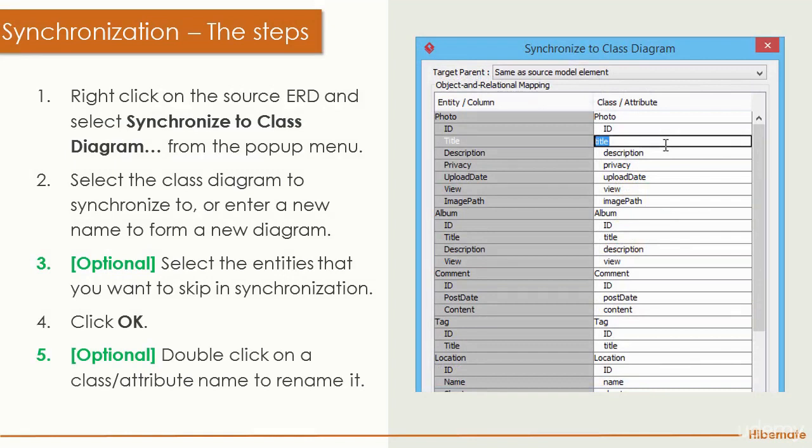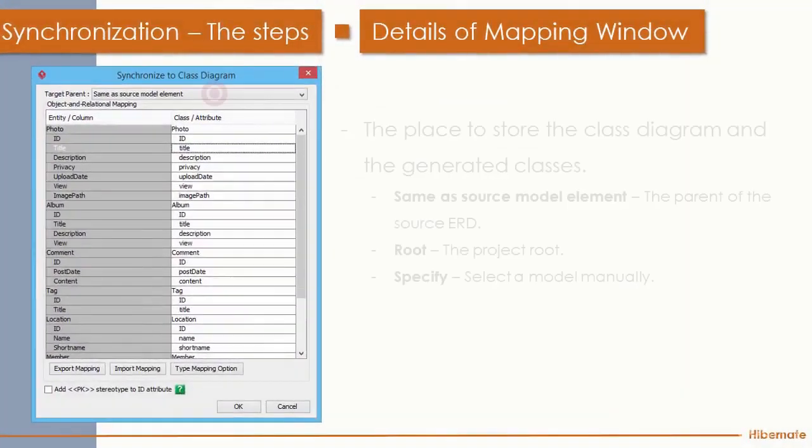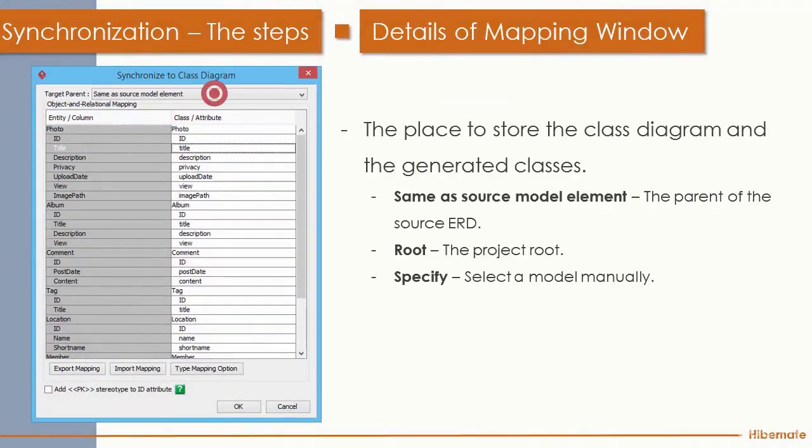Let's talk about the options you can configure while generating the mapping. First, you can select where to place the class diagram. You have three options. One is the same as the source model element. It depends on where the ERD is placed, then we place the class diagram next to it in the same parent.